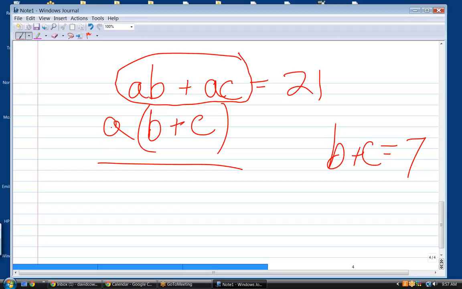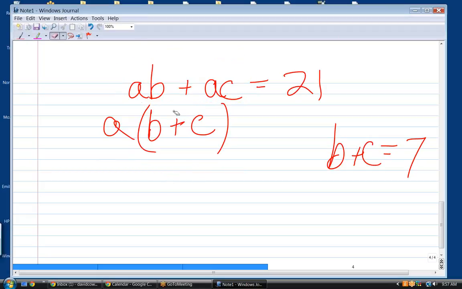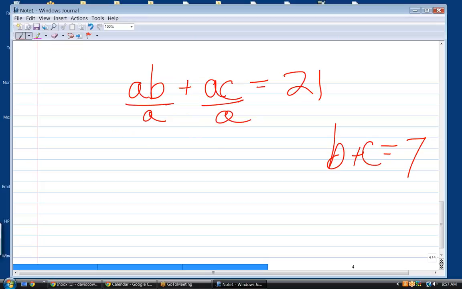I'm going to distribute the A to the B and then again to the C. So when you're factoring out a greatest common factor, and you were correct, it's A, but what's left over is what you get when you divide each term by that A. That's what I'm really doing when I factor out the A, I'm dividing each term. When I divide that term, I get B. When I divide that term, I get plus C.